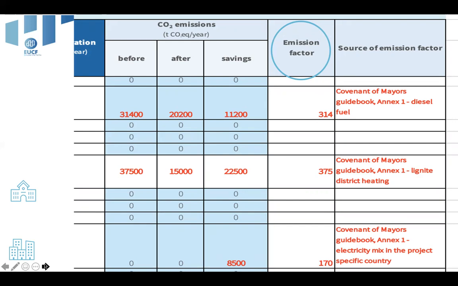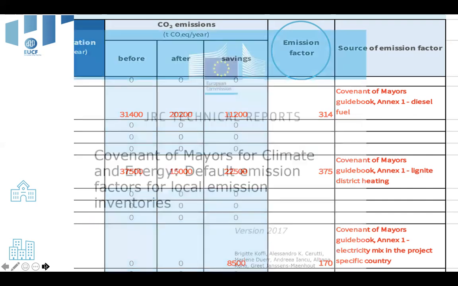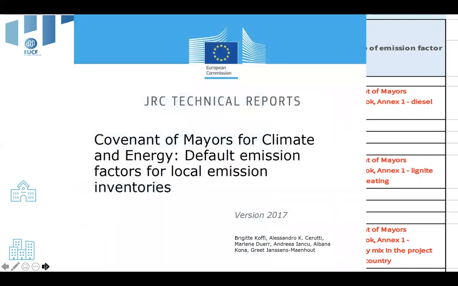We suggest downloading the Covenant of Mayors for Climate and Energy file and go to Annex 1 on page 35 to find the default emission factors. Please make sure you then convert the emission factor value to the correct unit as gigawatt hours are used in the spreadsheet.